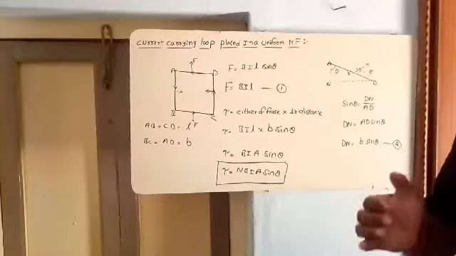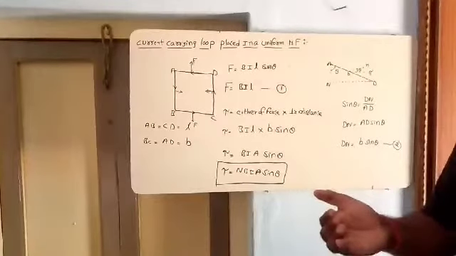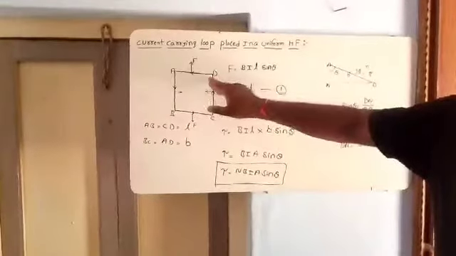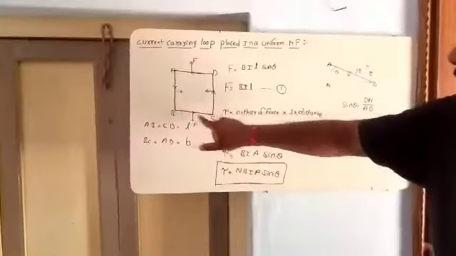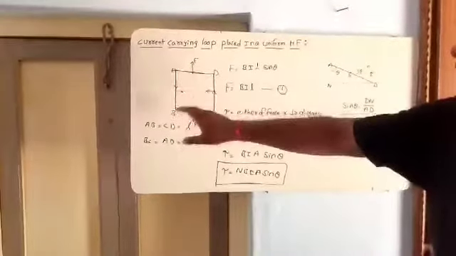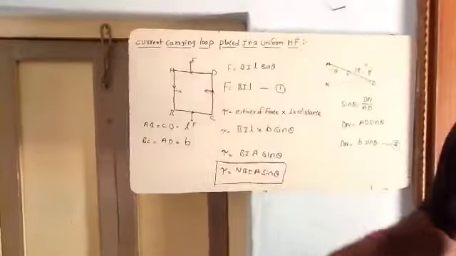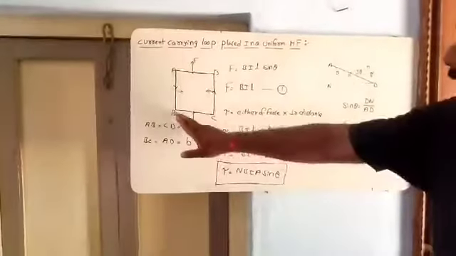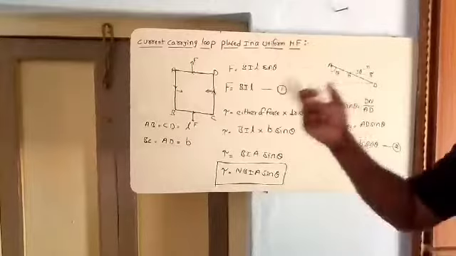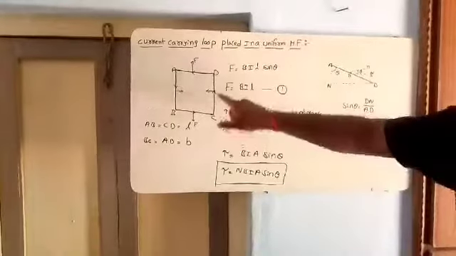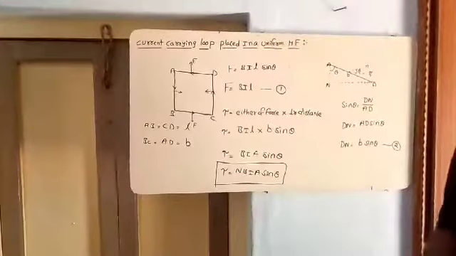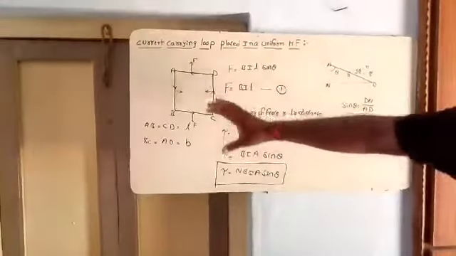If it is placed in a uniform magnetic field, then each conductor, each part will experience a force. AB, BC, CD, DA. AB and CD are considered as the length, and BC and AD are considered as the breadth.